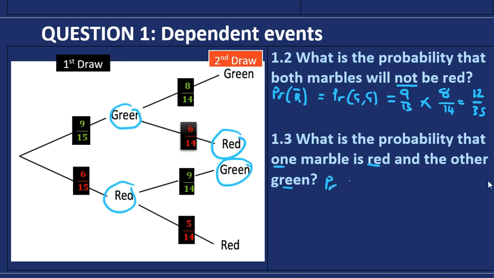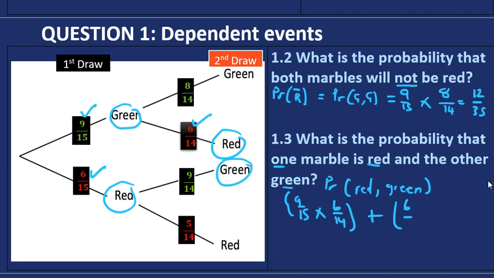So you want a probability that one is red and the other marble is green. Looking at the first option, it will be 9/15 multiplied by 6/14. And the next option will be red first, which is 6/15, and then green will be 9/14.